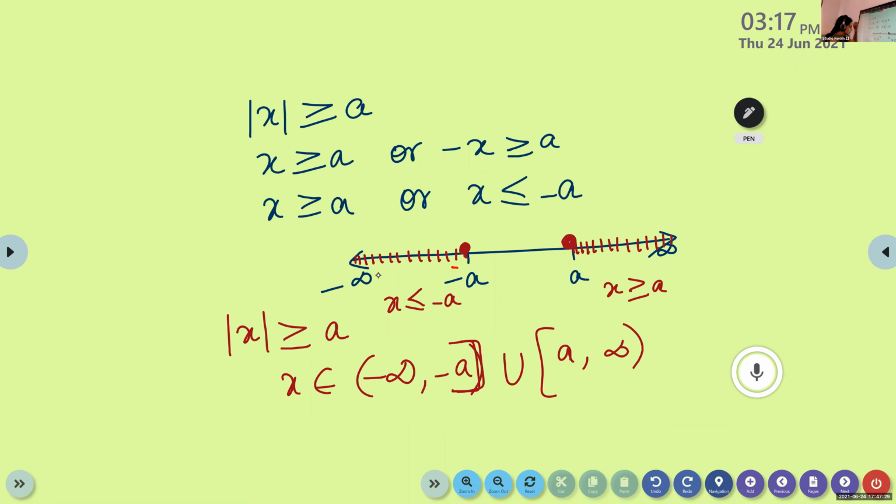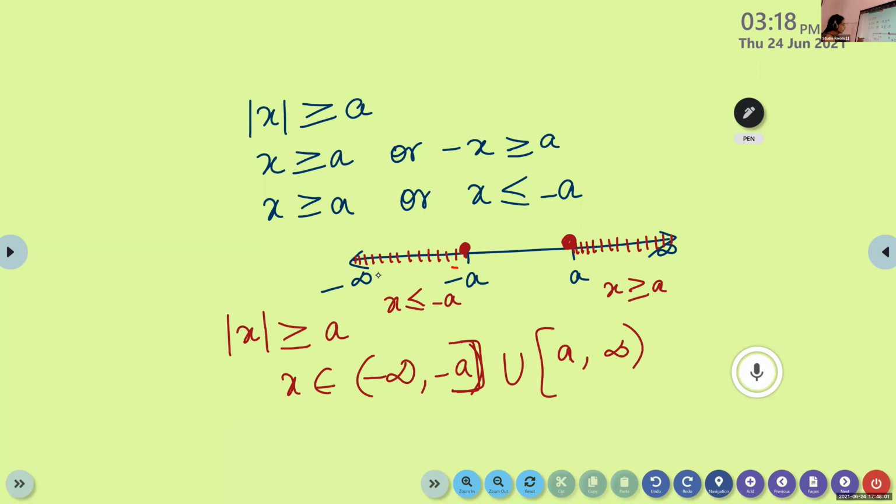I'll repeat it again. Listen. Modulus of x is greater than or equal to a. Mod x, we know it is plus x or minus x. So from this one, we can write x is greater than or equal to a, or minus x is greater than or equal to a. From here, we are writing x is greater than or equal to a, or x is less than or equal to minus a.